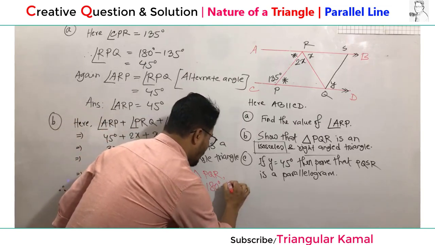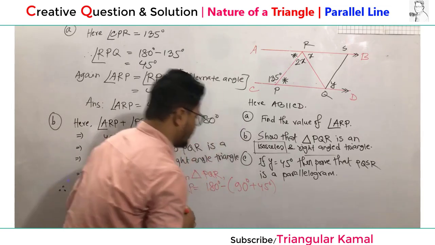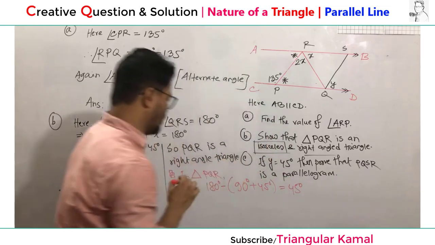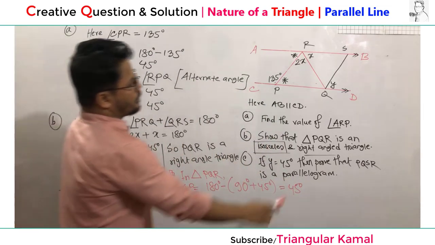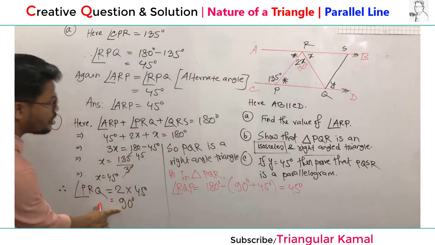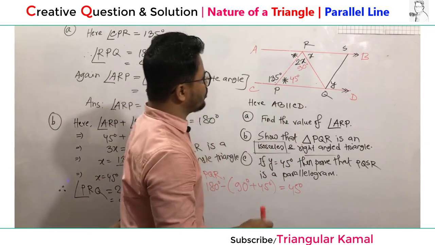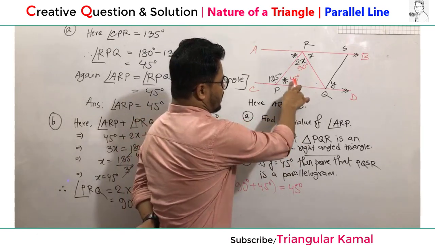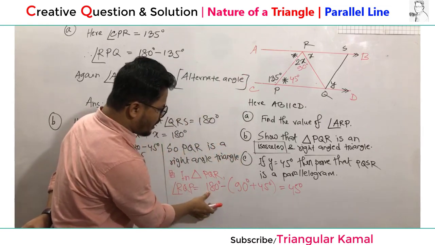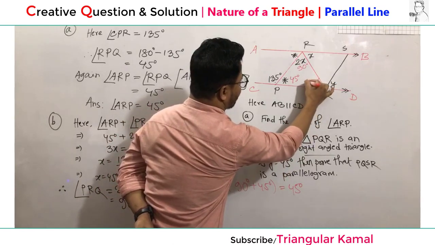So if one angle is 90 degrees and another angle is 45 degrees, definitely the remaining angle will also be 45 degrees. After doing the calculation, we see this angle is 90 degrees because we have shown here, and this angle is 45 degrees, already shown in the question. So one angle is 90, another angle is 45 degrees. So the third, unknown angle will be 180 minus the sum of the two given angles. This remaining angle is also 45 degrees.